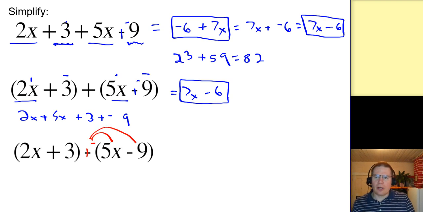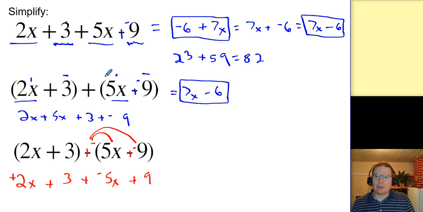So do I have a negative in front of this parenthesis? No. So I have regular 2 with the x, a regular 3, then the opposite of positive 5, which is -5 with my x, the opposite of -9, which is positive 9. Right? I can write this minus as a plus negative, just like I did before.